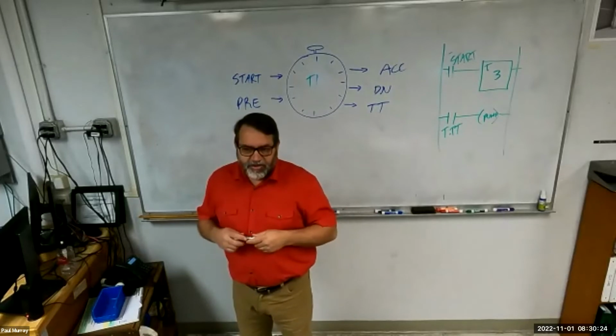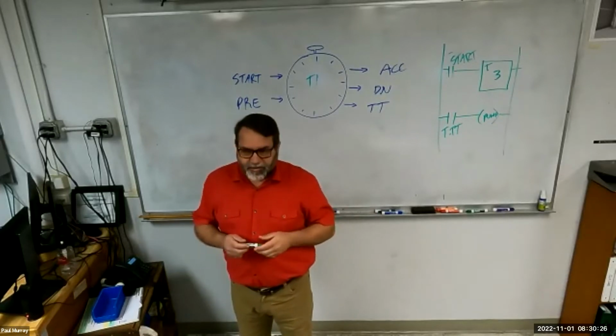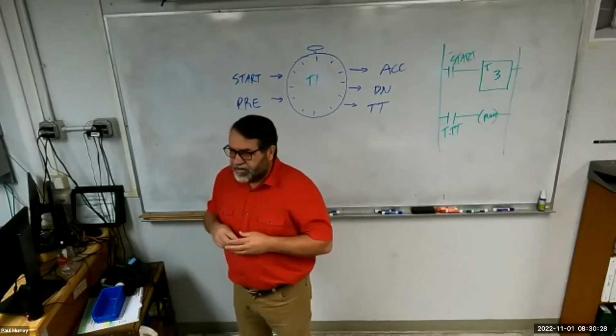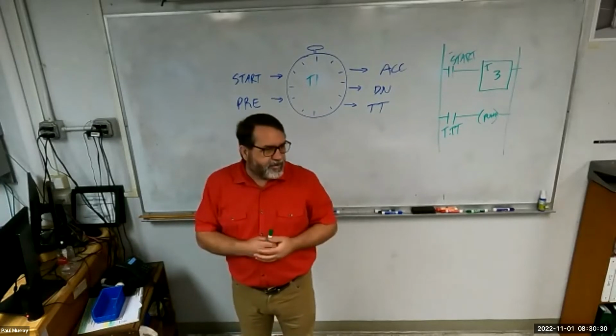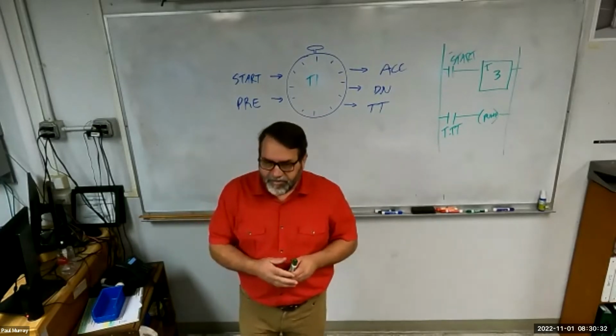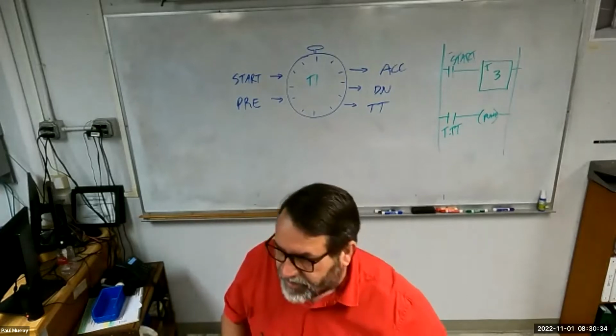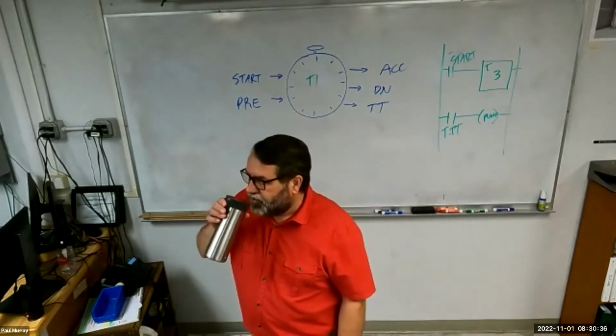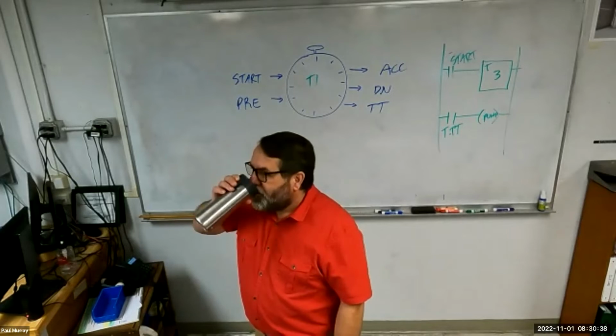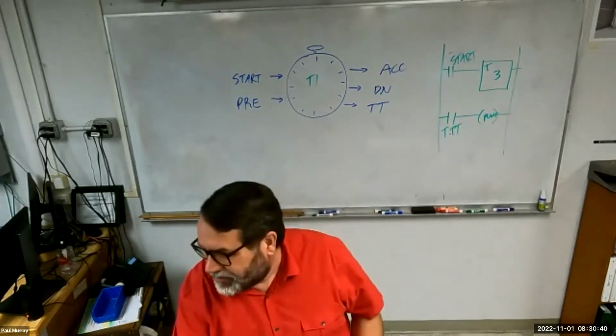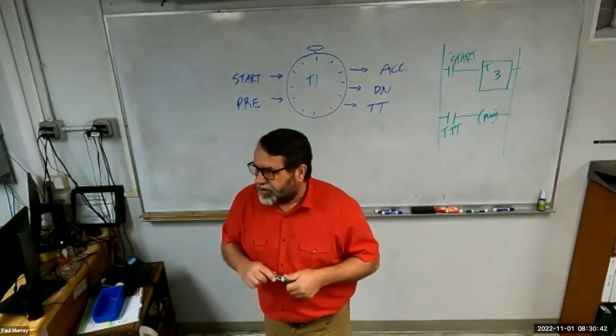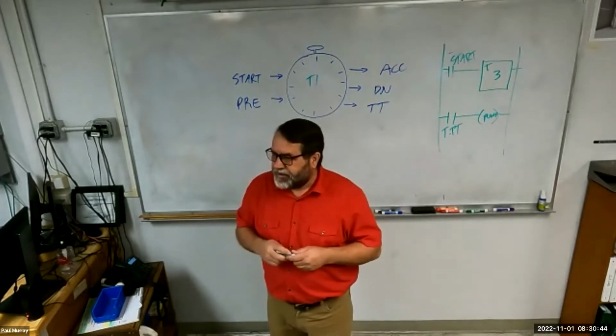That way I don't have to rely on the operator to hold their finger on the button and start the pump, because my timer is going to do it for me. Yeah, we have to address the timer. I'm kind of taking shortcuts, but you have to do a proper address on the timer to make it work.